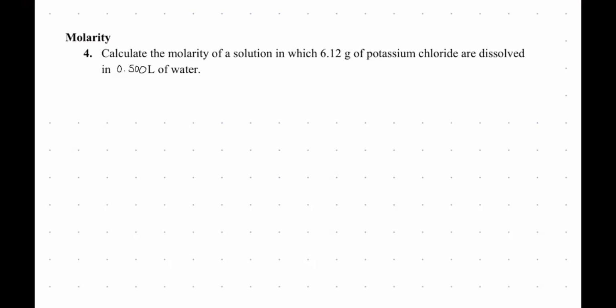We'll go through it now. So we start with 6.12 grams of KCl. The first thing we're going to do is change that KCl into moles. So KCl is 39.0983 plus 35.453.